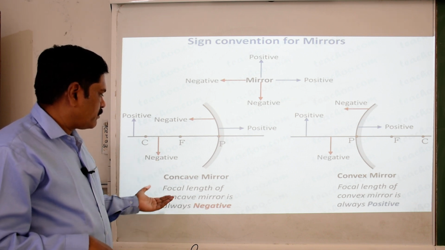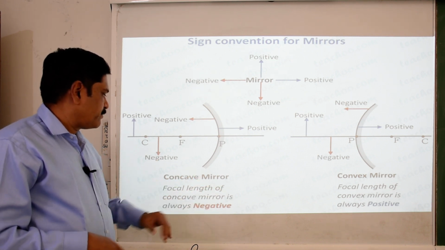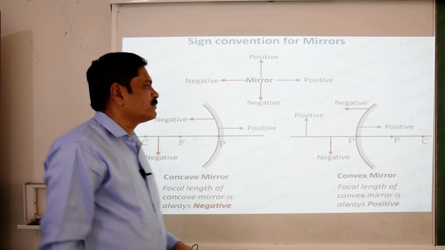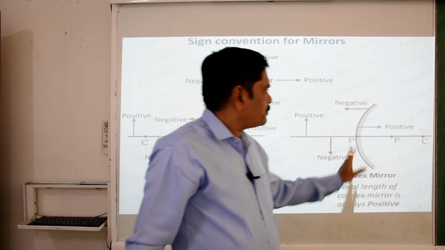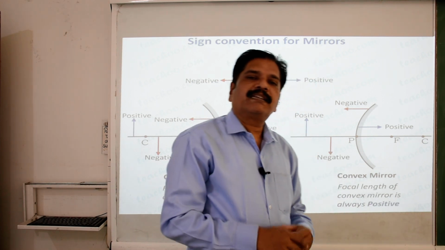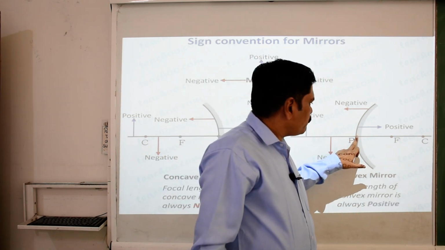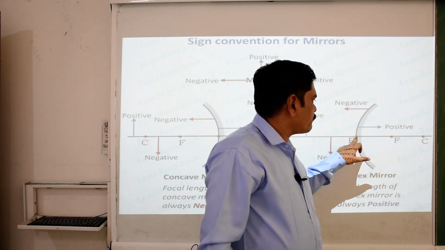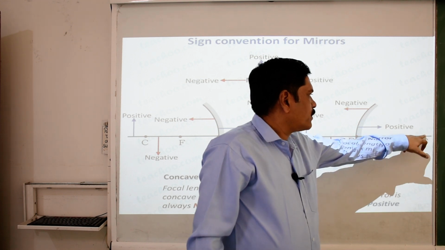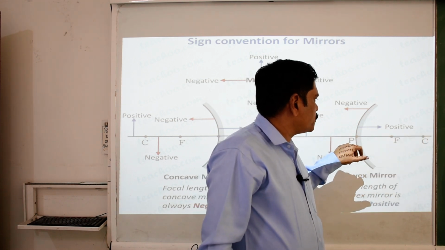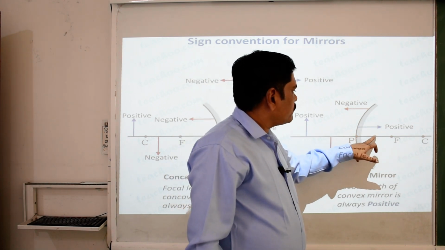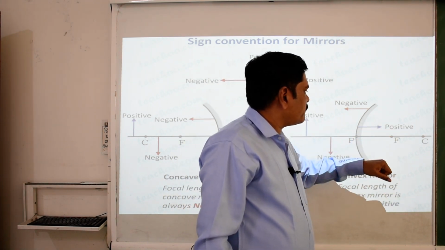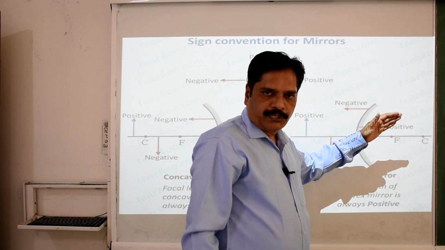So what you observe is that the focal length of a concave mirror is always negative, while the focal length of a convex mirror is always positive, because it is always on the right hand side. Just like that, when you take the distance, focal length positive, radius positive, the image will form on this side, so it will always be positive.